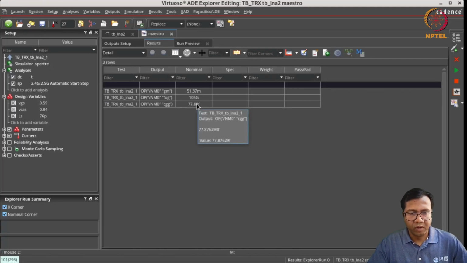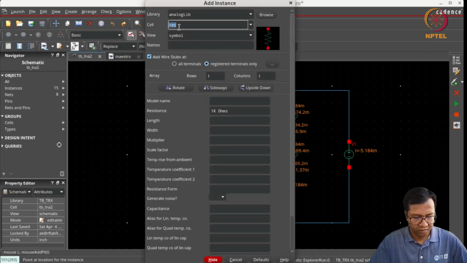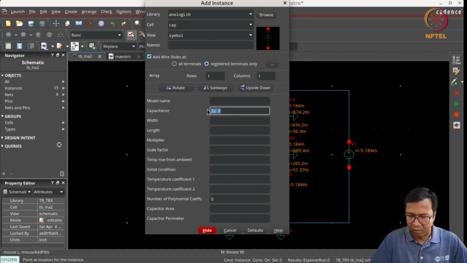So if we want to reduce the input inductance, let's say by close to 10 times, so that this 47 nanohenry becomes somewhere close to 5 nanohenry, we will also increase the CGS by close to a factor of 10. So let us add an extra capacitance at the gate side. (700 femtofarad).